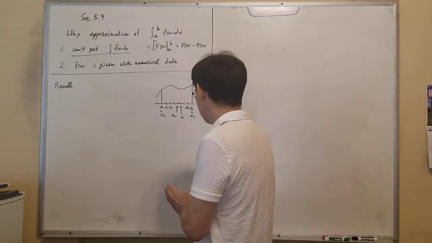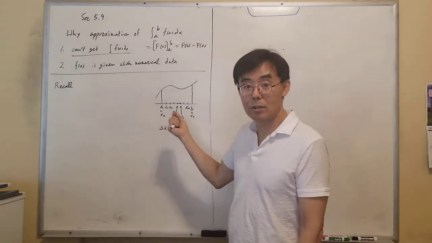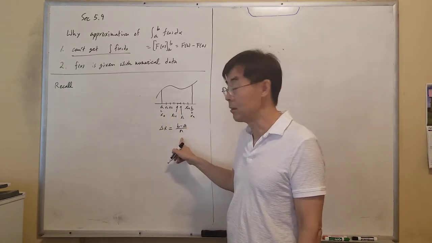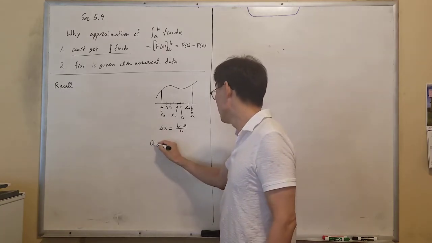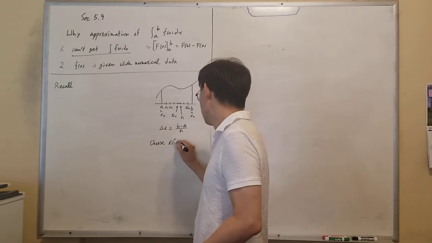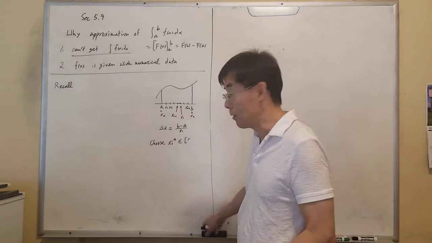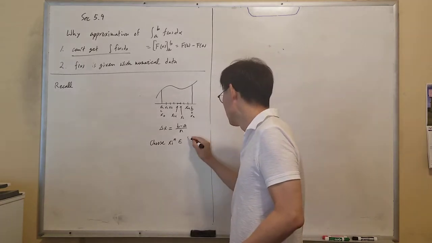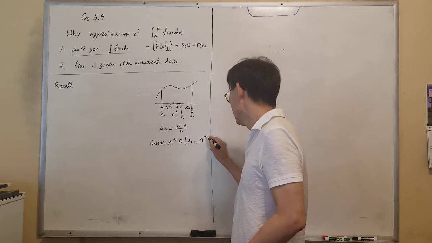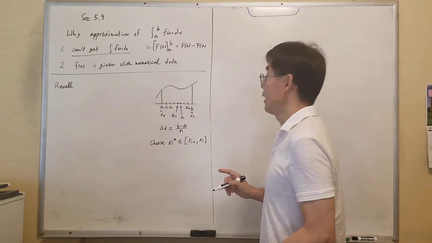So first of all, delta x is the length of each subinterval, which is b minus a over the number of intervals, and we choose xi star from the interval. This belongs to xi minus 1 to xi, so greater than or equal to xi minus 1, less than or equal to xi.